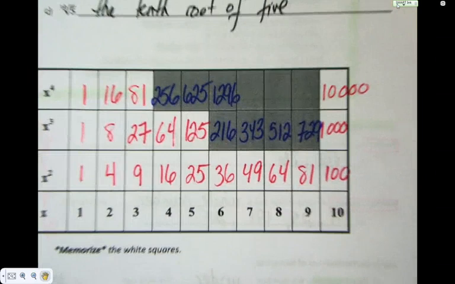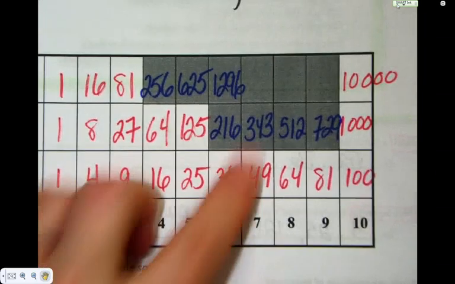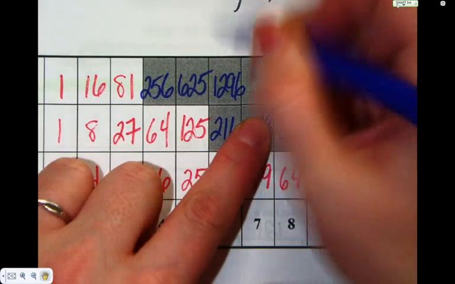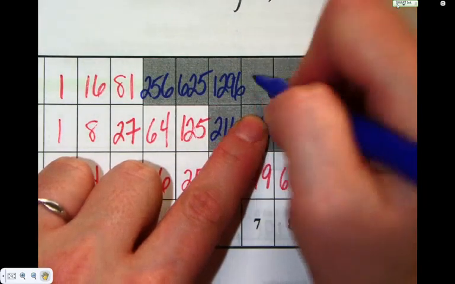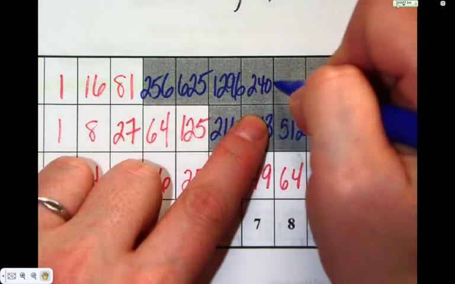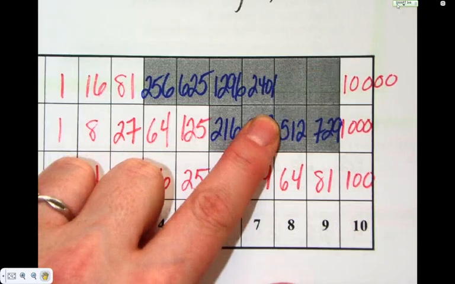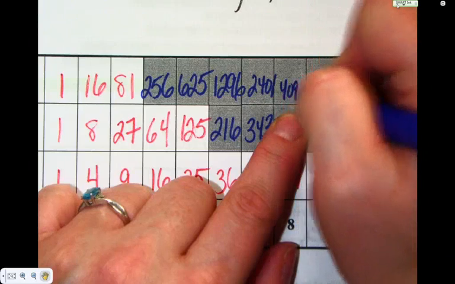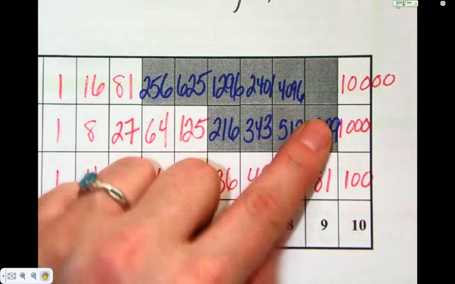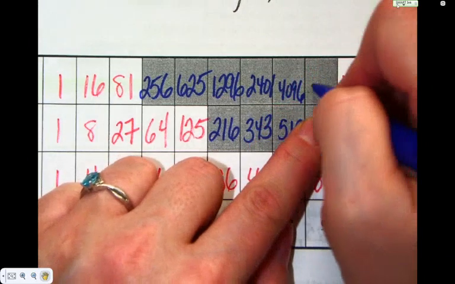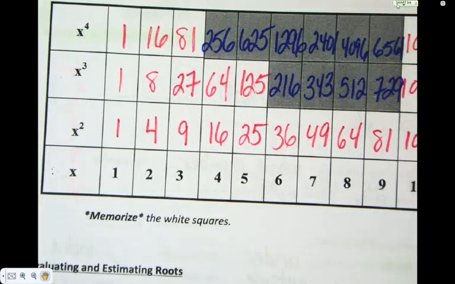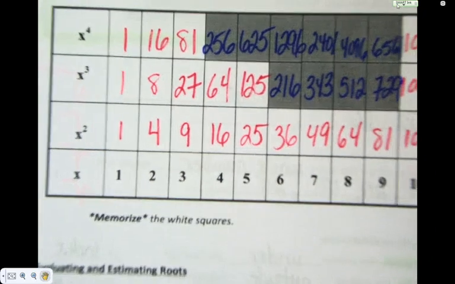Not that you can really see it now because it's dark, but 7 to the 4. 2,401, confirmed. Okay, 8 to the 4. 4,096. And 9 to the 4. Ooh, that was in stereo. I like that one. That sounds confirmed. Okay. White ones you need to know. Gray ones you'd be able to use a calculator.